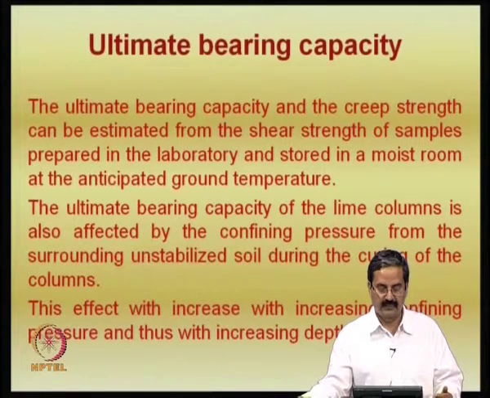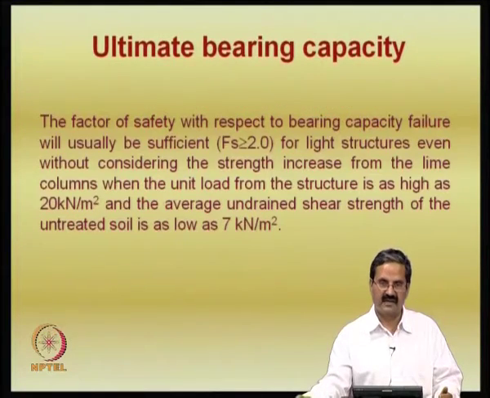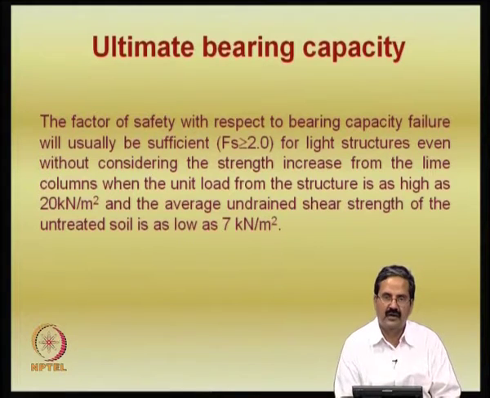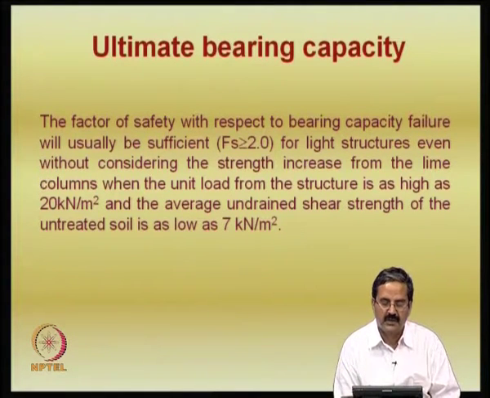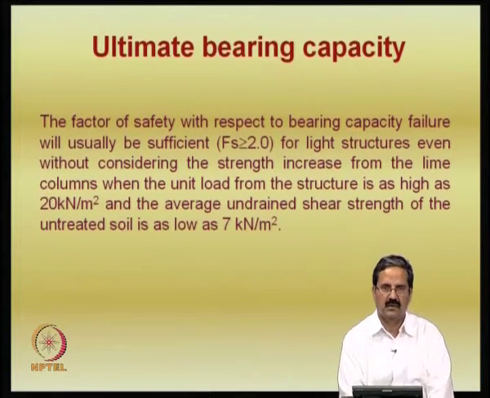And how do you get the ultimate bearing capacity? The ultimate bearing capacity is obtained from the strength of the samples. For example, the unconfined compression test is one simple test one can do, and as I just said, the confining effects are there. The unconfined compression strength divided by 2 will give you the C value, is it not?